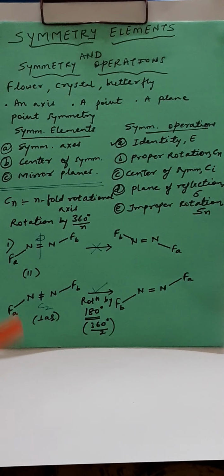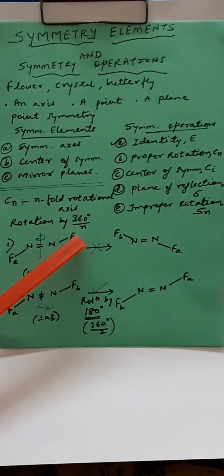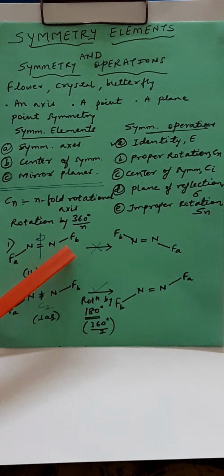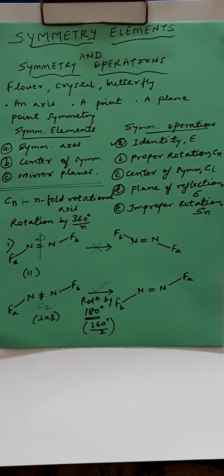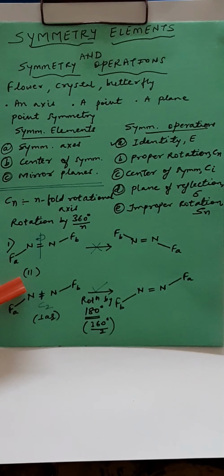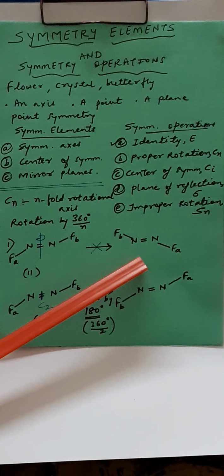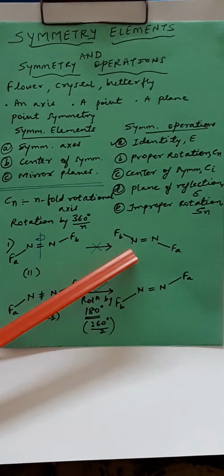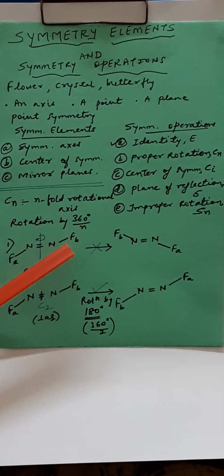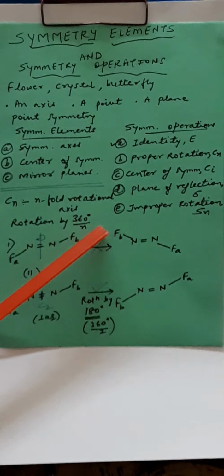To make it more clear to you, I have specified the fluorine atoms through subscripts A and B. Now in this case, let us consider an axis of rotation passing through the center of the molecule, and this axis of rotation is parallel to the plane of the paper. If I rotate this through 180 degree, then I'll be getting this particular configuration. But in this configuration, as we can see, the fluorine atom, which we were expecting to be at the top right corner, has now been shifted to the other side.